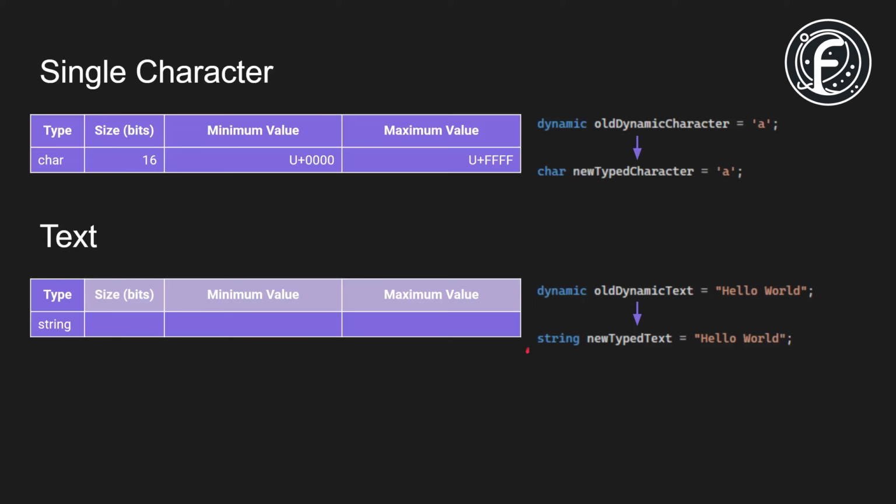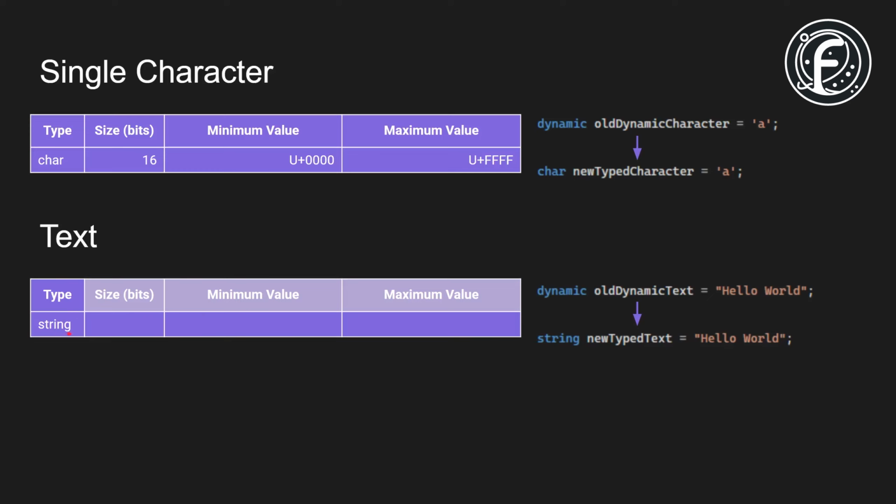Here we have the string. String is basically a text, and it can contain a huge number, so I just left this away now. The minimum value is basically null, so nothing, if you make it nullable nowadays in C#, but that's a topic for another video because it's just the beginning now.